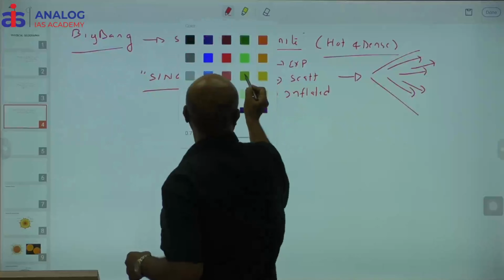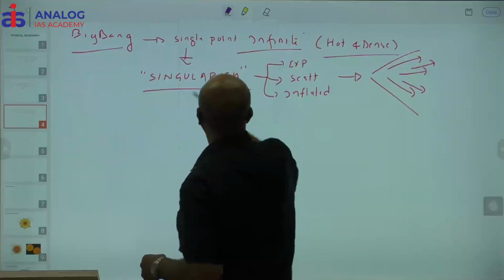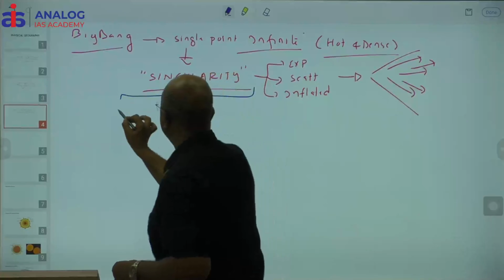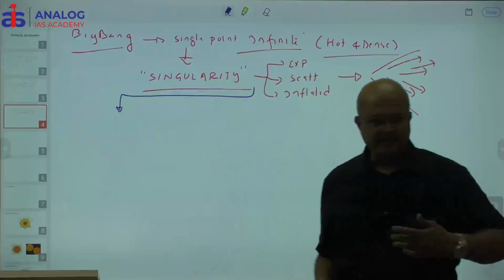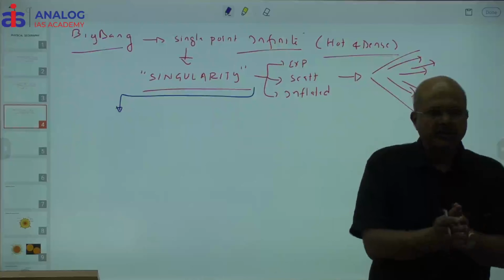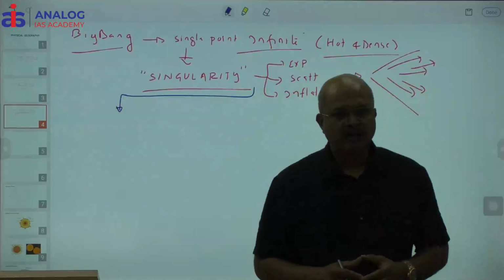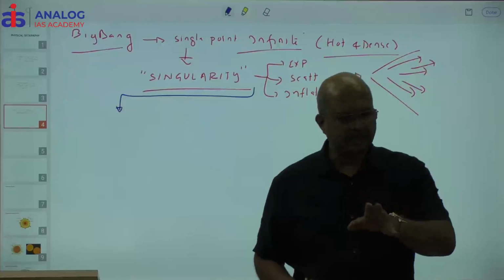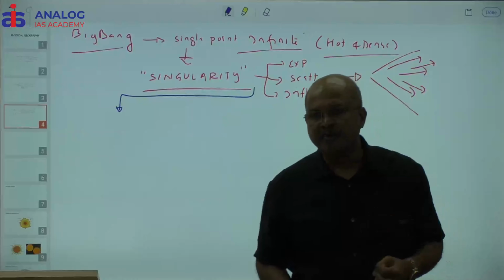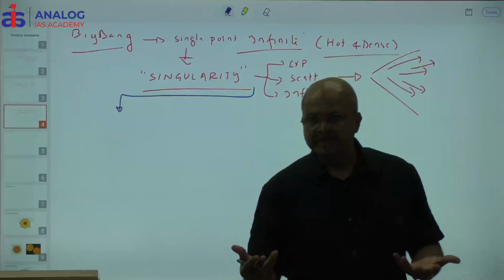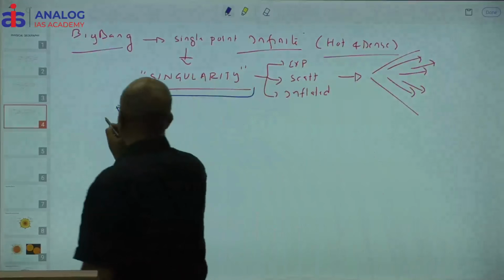At the moment when the Big Bang occurred, as it had high temperature and density, the entire content was in the fourth state of matter. States of matter: solid, one is liquid, third one is gas, what is the fourth? Plasma. Plasma means high temperature. The entire thing was in plasma.